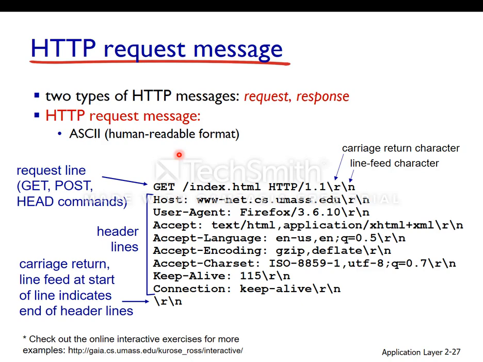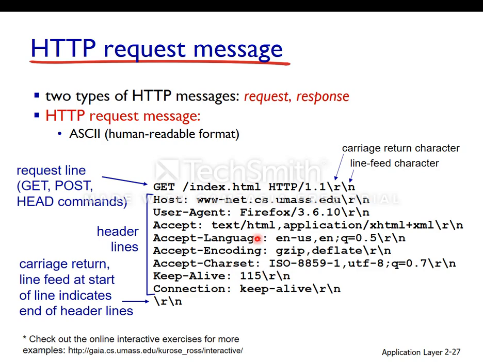And the user agent, think of it as a browser, is Firefox 3.6.10. And the MIME types that we can accept are text/HTML or application/XHTML plus XML. We would prefer the content that we get downloaded to be encoded in US English, and our next preference is for just plain English.